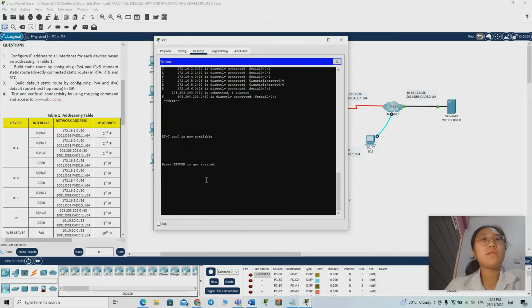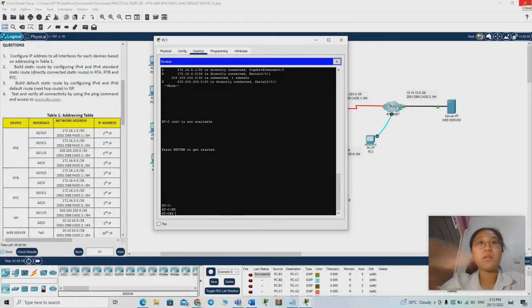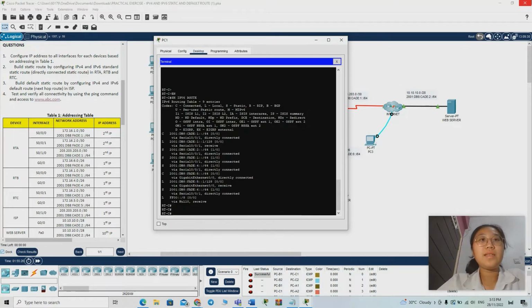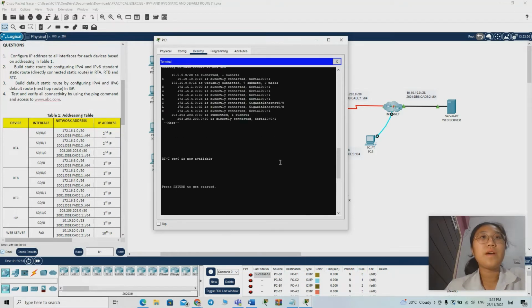Let's see the IPv6 for RTC. So for RTC, the routing table here has 9 entries, and here is connected. Here is the administrative preference, and here is the metric, and here is the outgoing interface. It's directly connected. There are 4, 5, 6, 7 for IPv6.